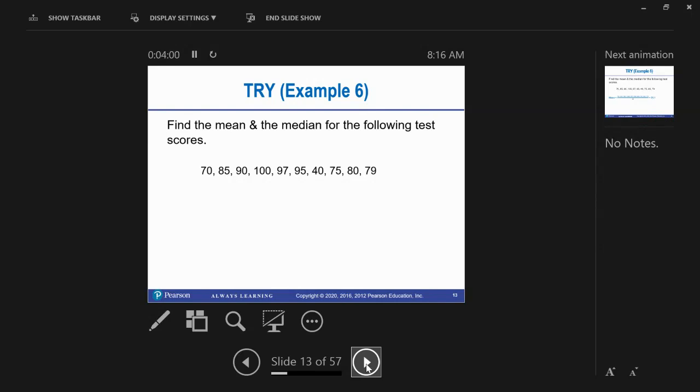Okay, since this lesson's kind of long, this is going to be your group work. We'll need to try problem. Okay, so just so you know, it's just a long lesson. Okay, so pair up, get groups of 2 or 3 once you have your answer, and see if you have the same thing for the median and the mean.